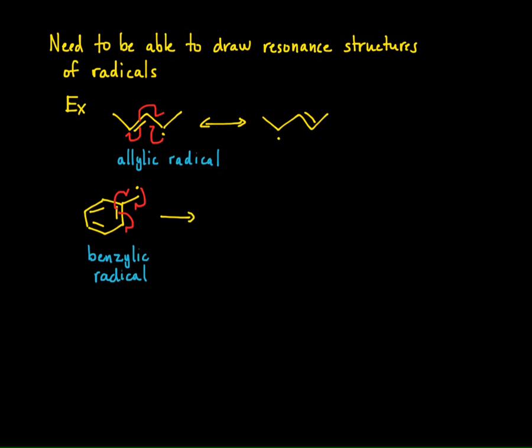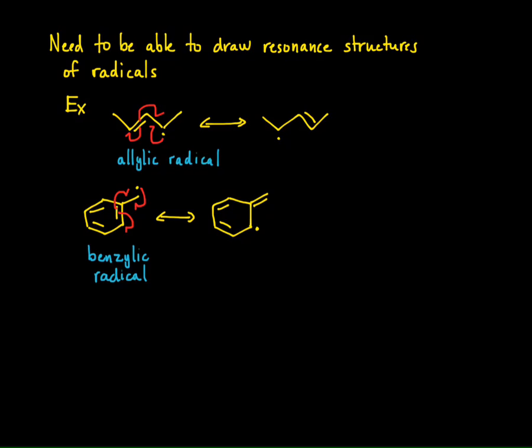The resonance structure looks like this. Now you can see we've disturbed aromaticity, which we're going to get into in later chapters. So this radical isn't quite as stable as the previous radical, but it is a resonance structure.